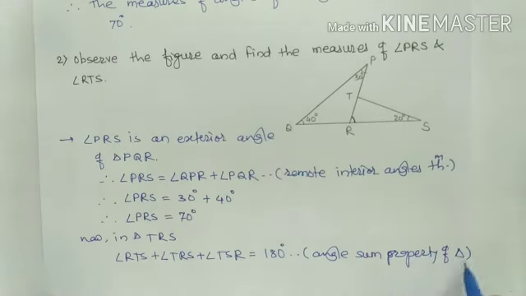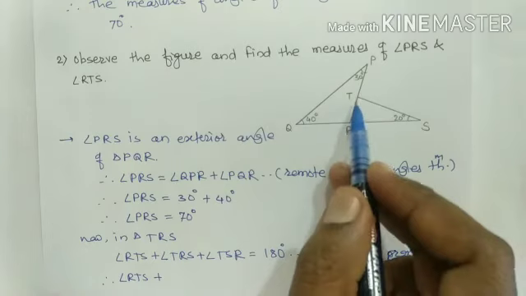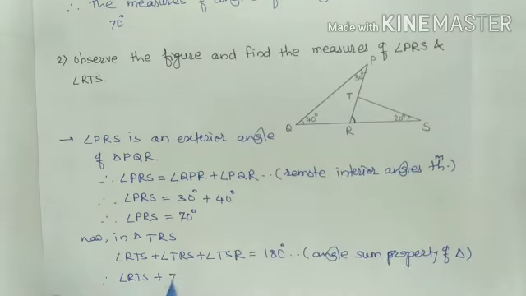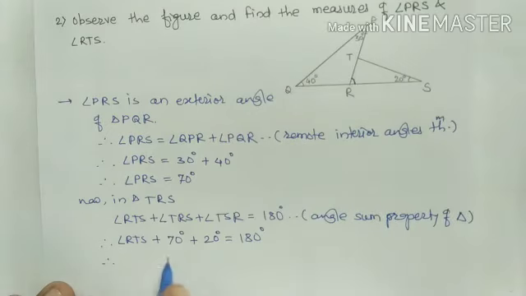And therefore angle RTS plus TRS; now the measure of PRS is the same as TRS because it is the same angle. TRS equals 70 degrees plus TSR 20 degrees equals 180 degrees. Therefore angle RTS plus 70 plus 20, that is 90 degrees, equals 180.